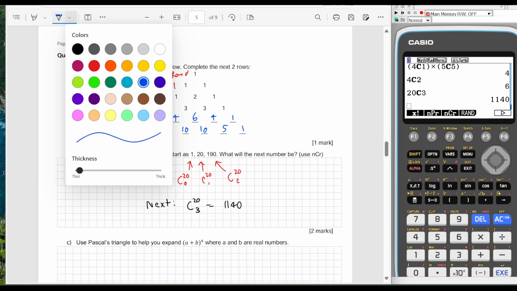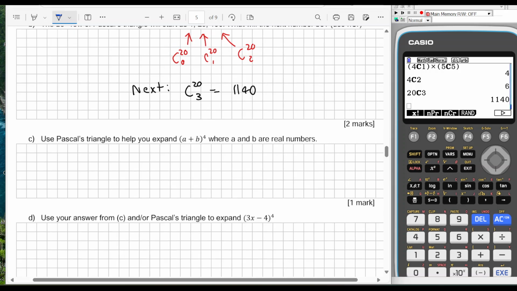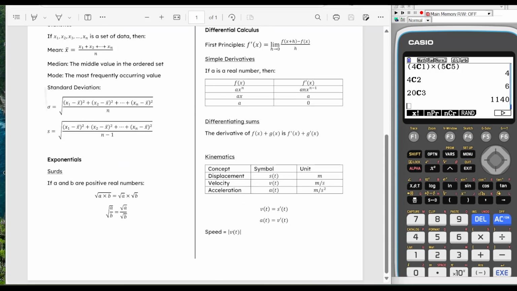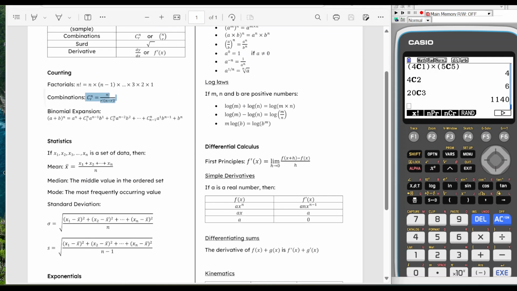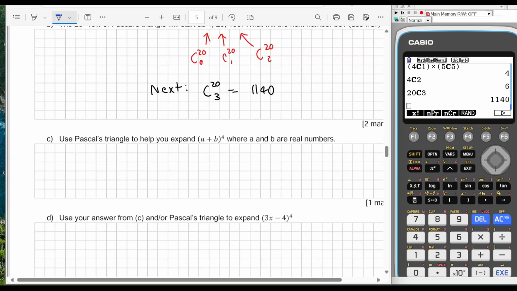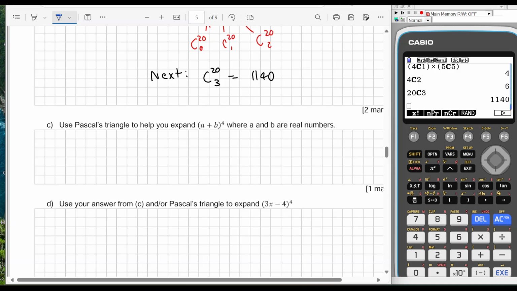Okay. Use Pascal's triangle to expand that. So it's not directly on your formula sheet, but the binomial expansion is. So you can see the powers of A go down, the powers of B go up, and then the coefficients are the C's. So A plus B to the 4 is A to the 4, A cubed, A squared, A, and then it's gone.